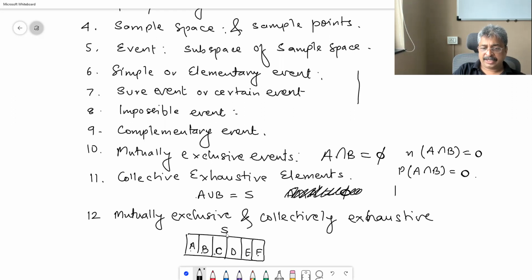So collectively exhaustive. Their union is the complete sample space. And A intersection B is empty, B intersection C is empty. So they are not having any intersection. Mutually exclusive. Collectively exhaustive. These are two important terms.